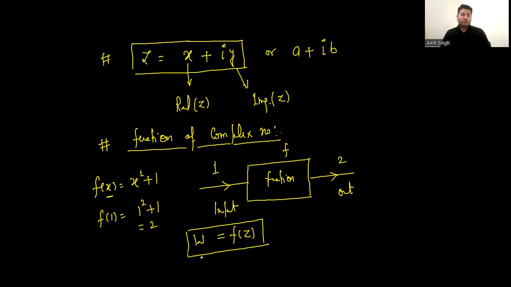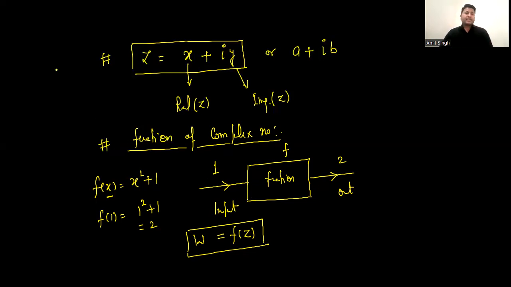So w equals f of z is a function of a complex variable, where z is a complex number. I hope you got clarity on the need for complex numbers, how exactly we defined them, and what we mean by a function of a complex number.